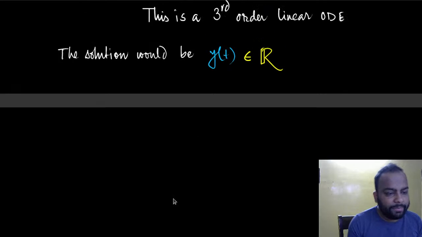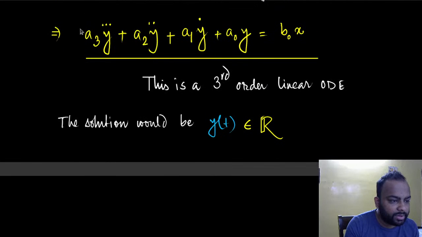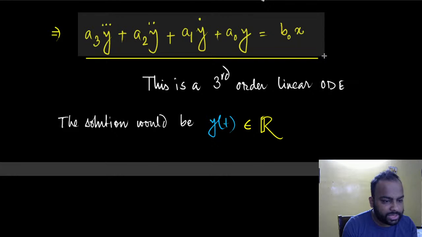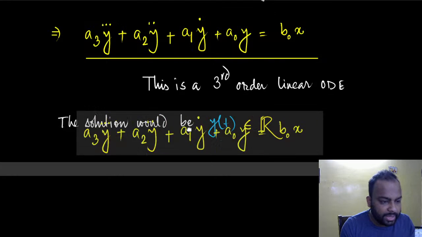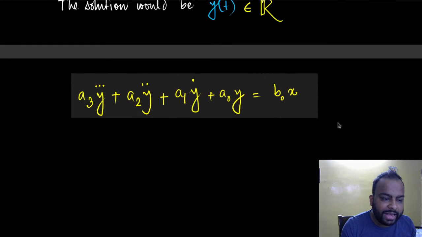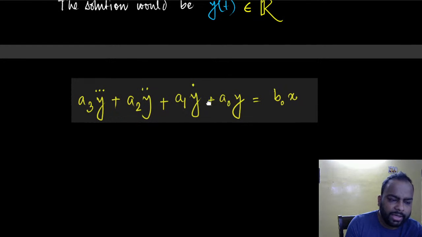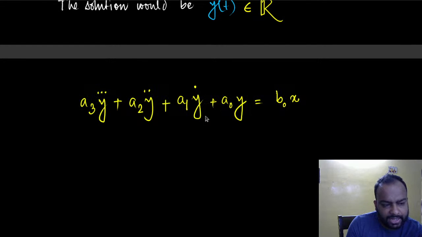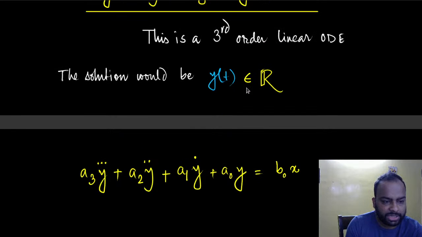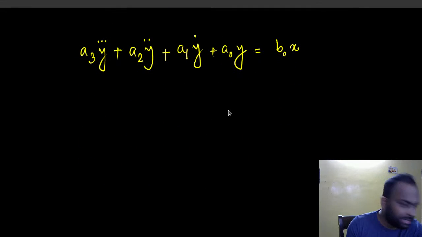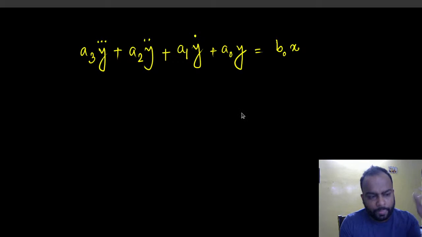So let me write down the equation once again. Okay, and then he figured out, what if instead of writing this as a third order differential equation, I can split this differential equation into 3 first order differential equations, right?